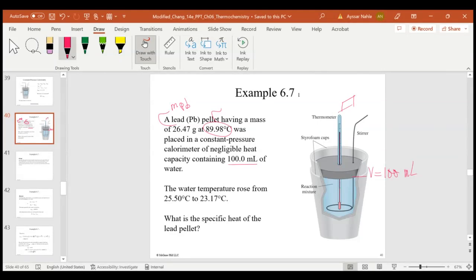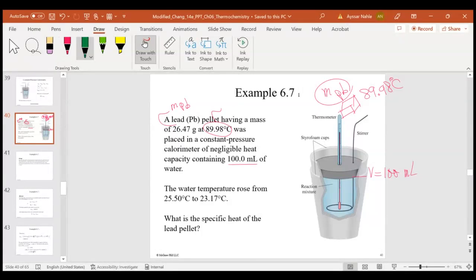And in here you have a hot object, which is the Pb, and the Pb temperature was 89.98 degrees Celsius, all right? It has a mass and it has a temperature.